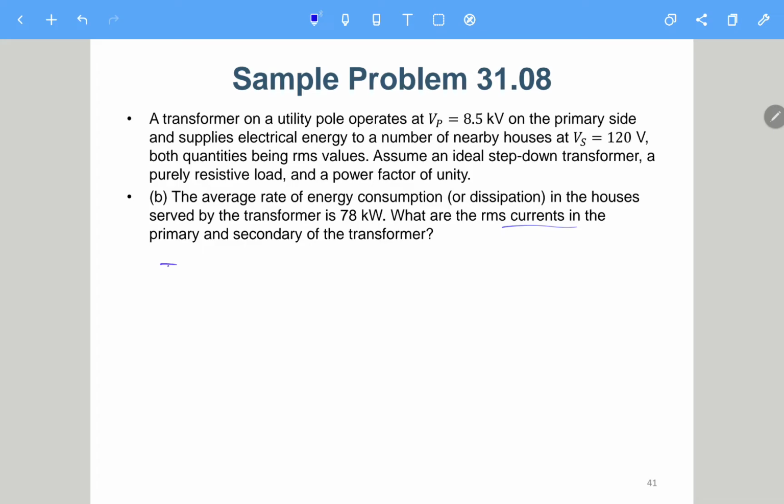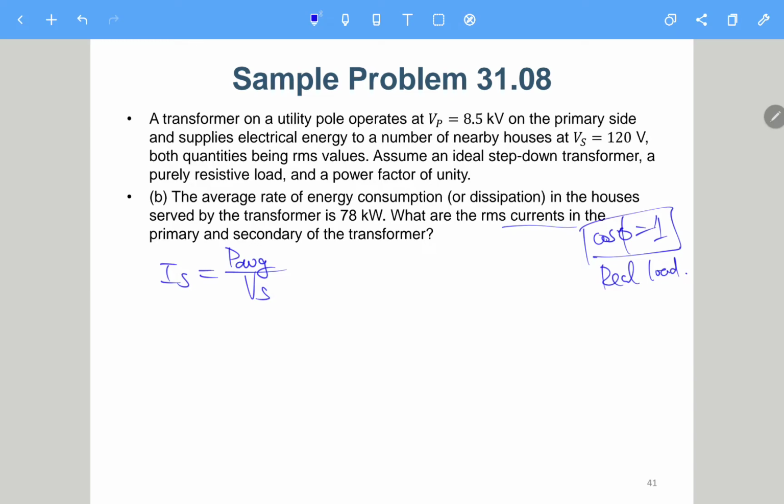Okay, so Is equals P average over Vs. Because here we only consider the real loading, which means that cosine phi is 1 for a real load.